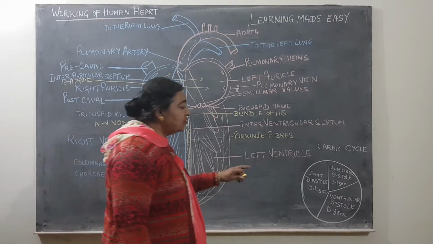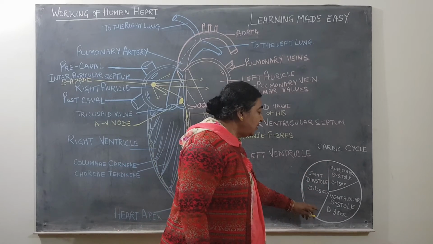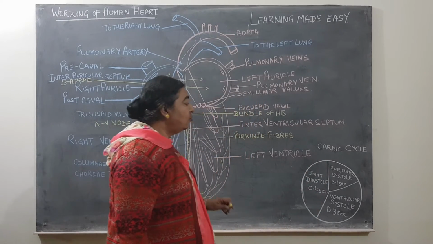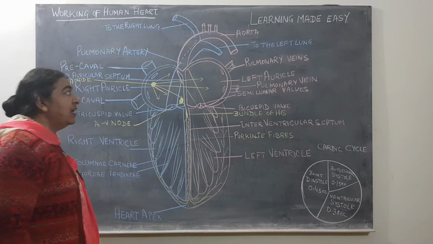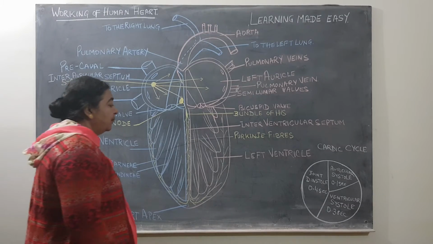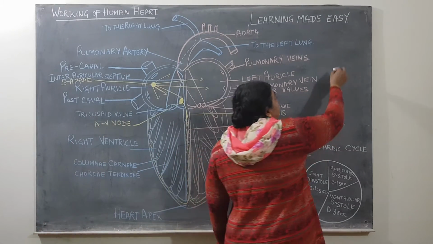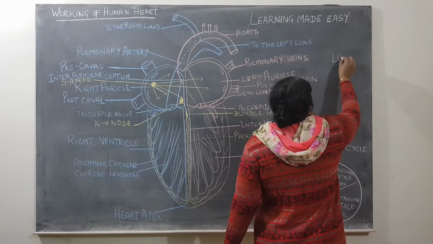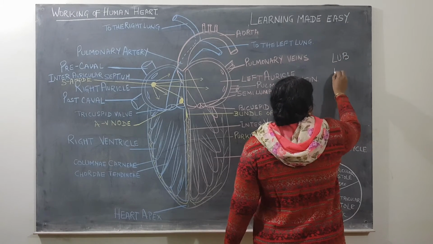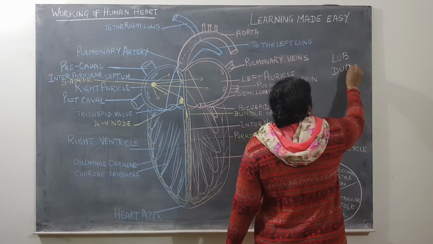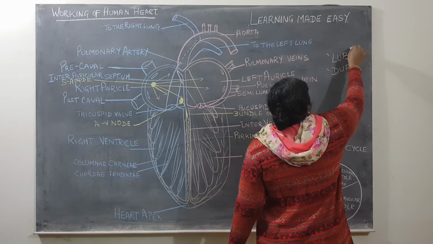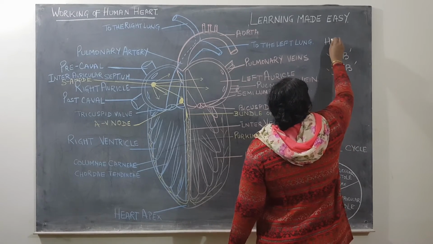The auricular systole and the ventricular systole give two sounds which are called heart sounds. They are lub, and the second sound is dub. These are called heart sounds.